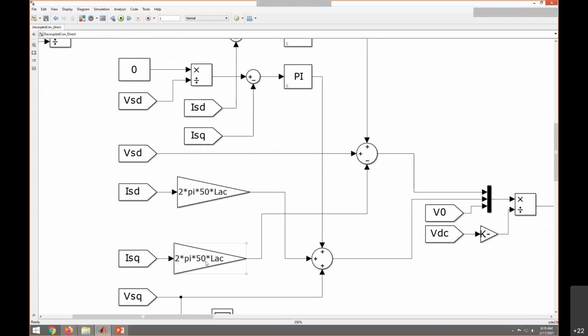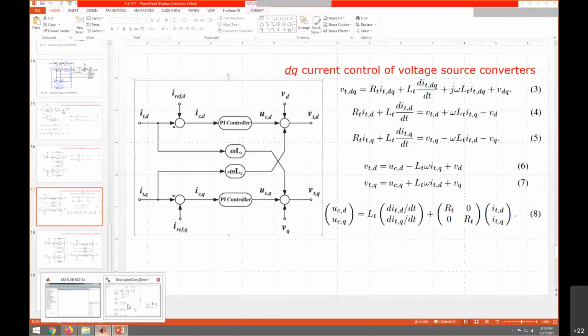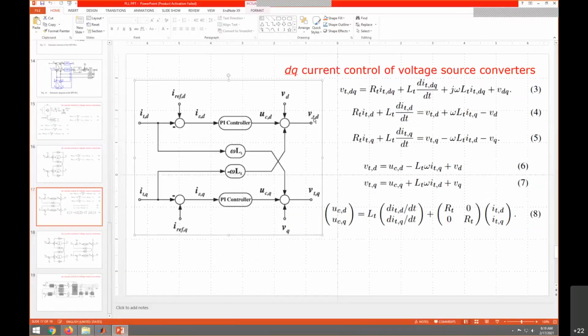I assume this is LAC. Since it is minus here, I gave minus. With the plus and minus, this gives you VTD.